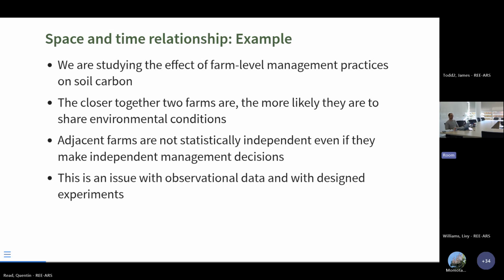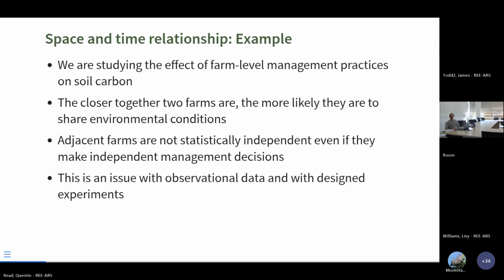That means that even if those farms are independently assigned to different treatments, or even if they independently decide how to manage their land, they're not statistically independent. Some of the variation in their response of soil carbon, or whatever you're measuring, is going to be correlated because of the same soil type, the same climate, and so forth.